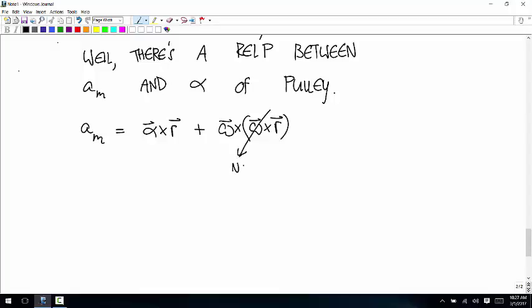But we're not using this because we know that a sub m is vertical only. That centripetal part is towards the center.